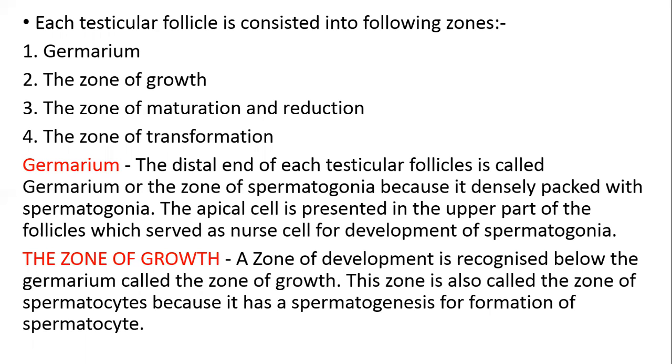Germarium, the distal end of each testicular follicle, is called germarium, or the zone of spermatogonia, because it is densely packed with spermatogonia. The apical cell is present in the upper part of the follicle, which serves as a nurse cell for the development of spermatogonia.